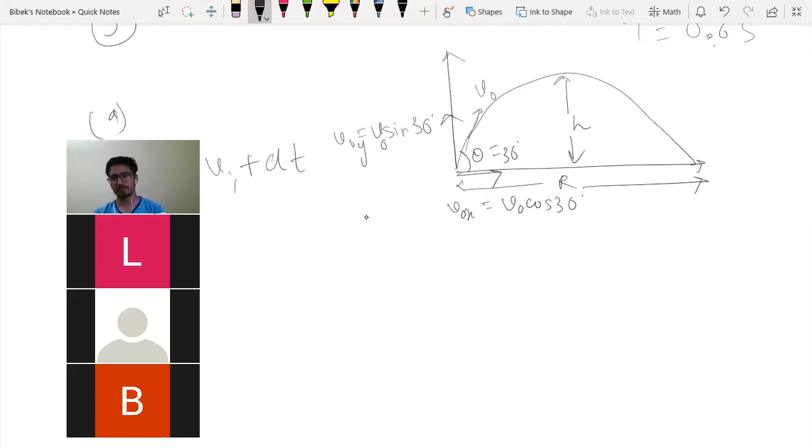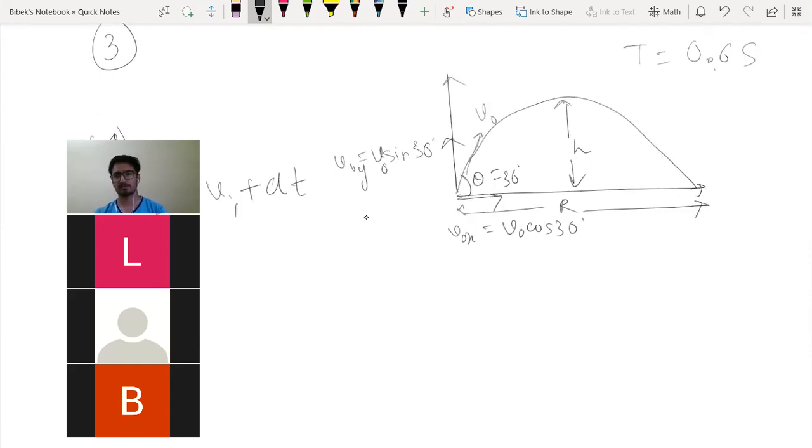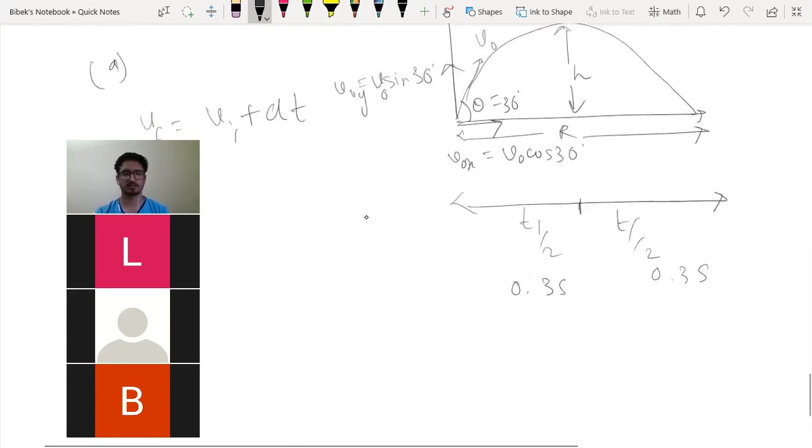Since they have given us the total time, that's the time it takes to go from here to here. To reach the maximum height, the time is halved, right? So it takes 0.3 seconds to reach the maximum, and the rest of the time the projectile takes another 0.3 seconds.